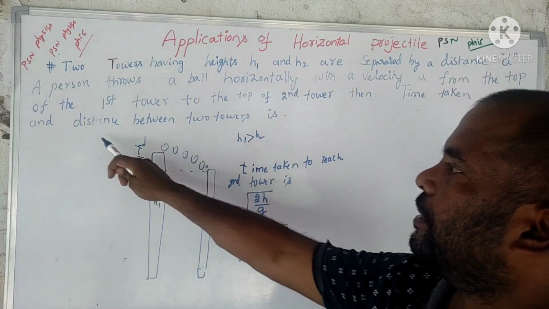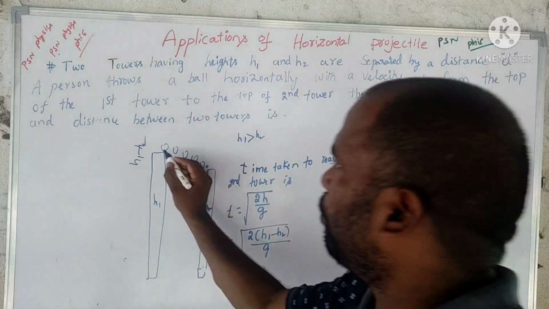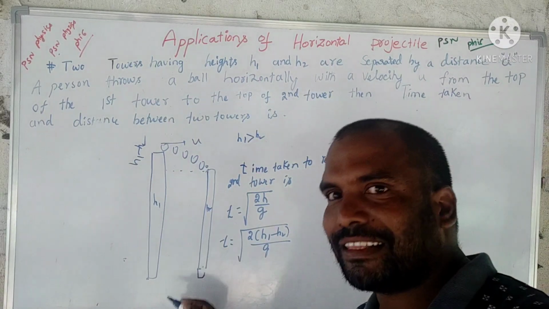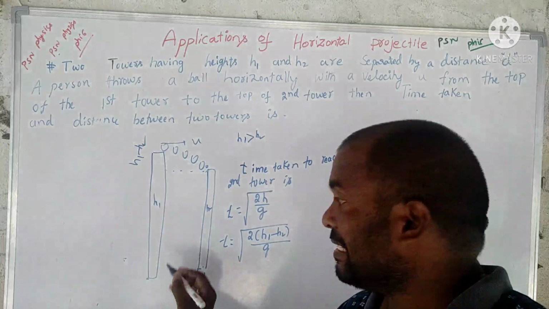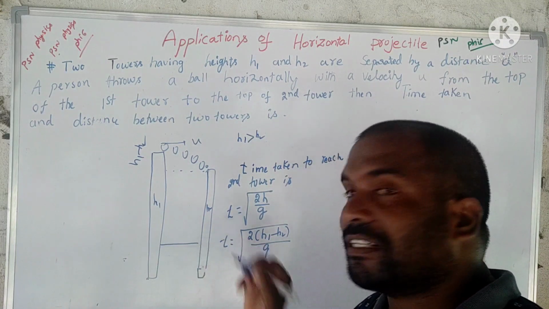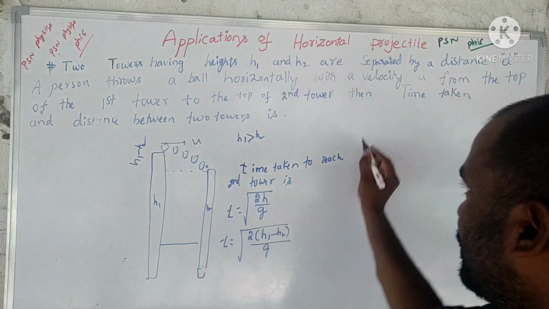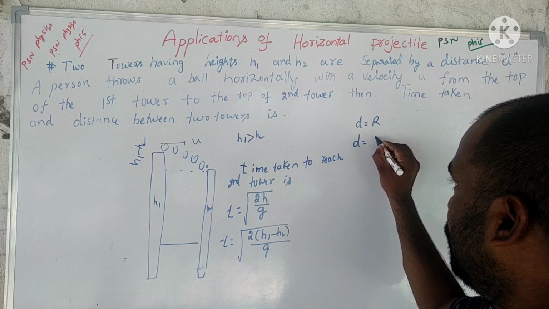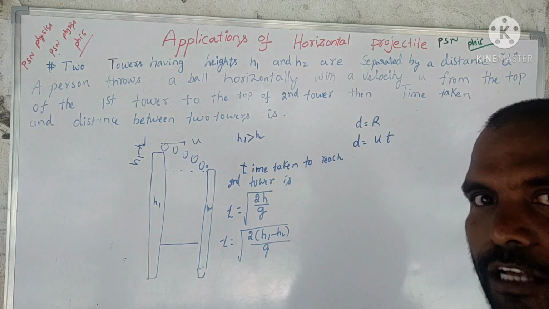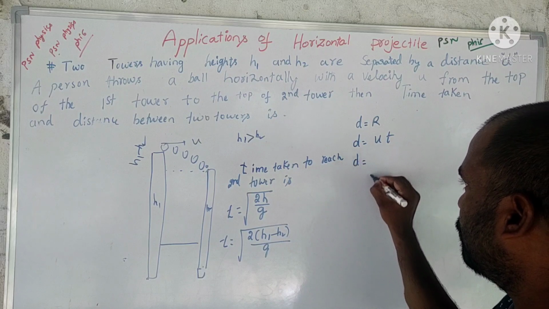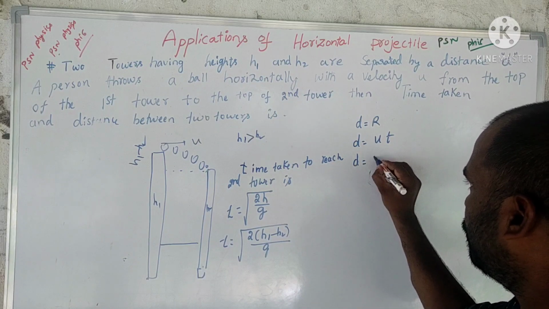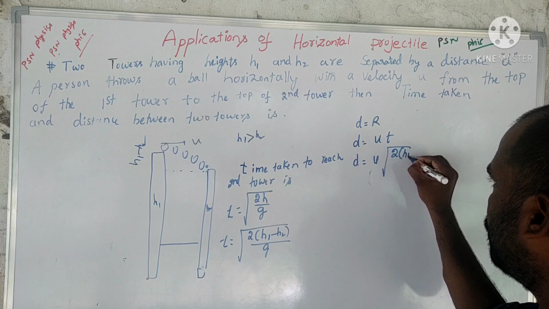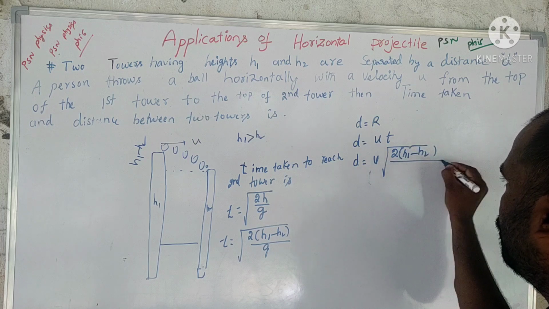Now one more thing I ask here: the distance between the two towers. Here, what speed are we throwing with? u speed. Now the distance between the two towers, students, we have to recall, is nothing but the range of the projectile. Here distance d is equal to range, therefore d is equal to velocity into time, therefore d is equal to u into root over 2 into h1 minus h2 upon g.